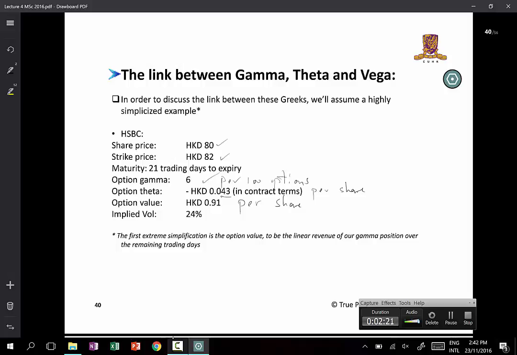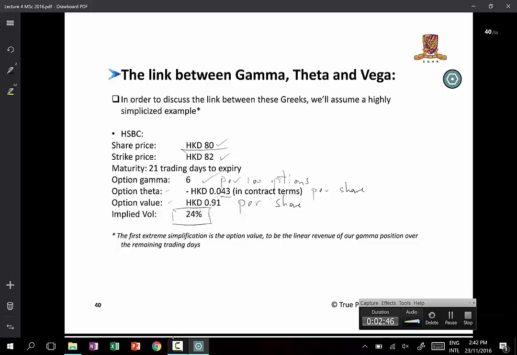Now that aside, when you come to the market and you look at this price which is being shown, what is your first reaction? The first reaction is okay, the share price is just a share price. Strike can't change, and these parameters like theta and option value won't change unless the implied vol changes. Now what is this 24% actually telling you?